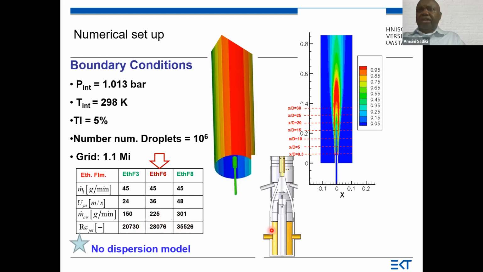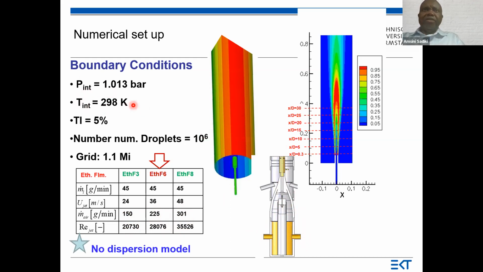This is the numerical setup. So here we have the fuel, which is coming here, and here the air, and the outside is there. And this is the computation domain we have used.